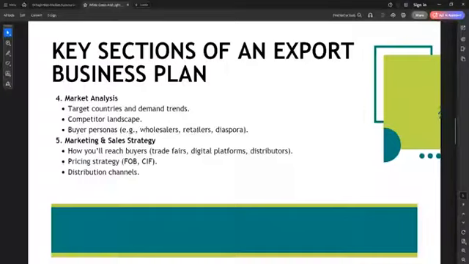So if that's what you want to export, those could be your target countries. However, if you have a different strategy, you might have some other target countries. Because your strategy is different, you might want to talk about what led to your decision in your market analysis. That's what helps your investors to understand what you're actually doing.